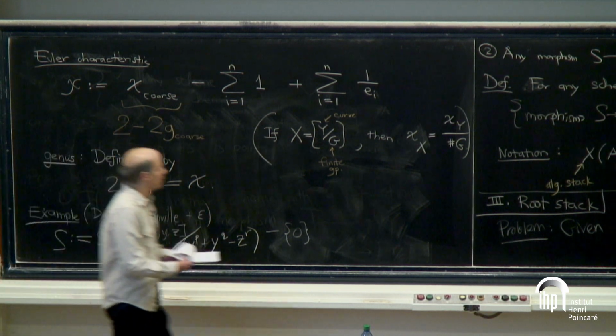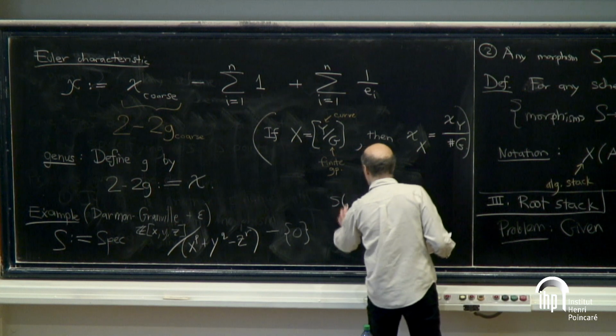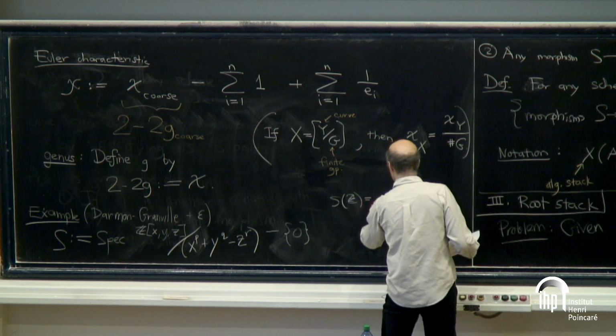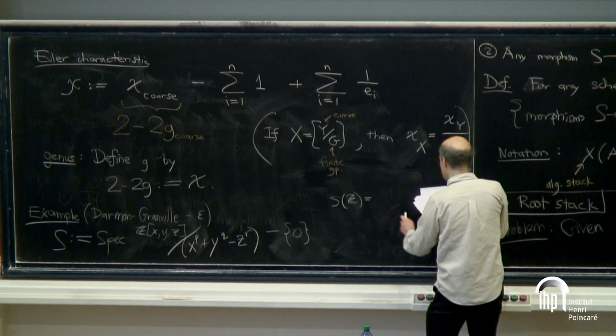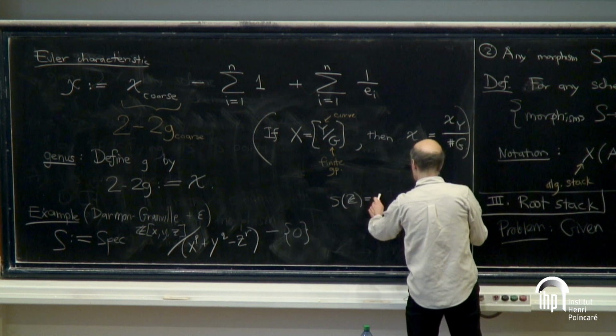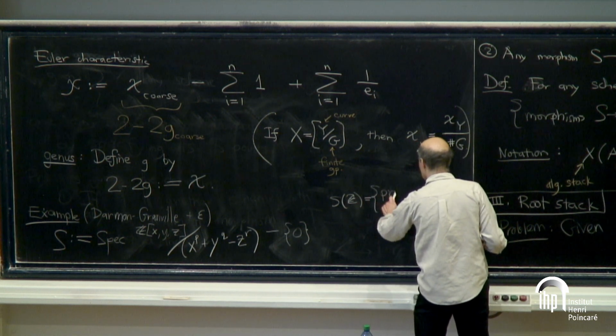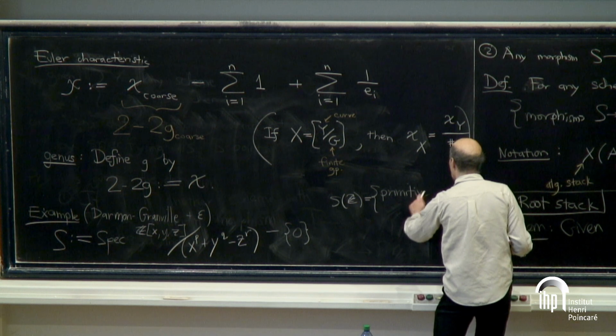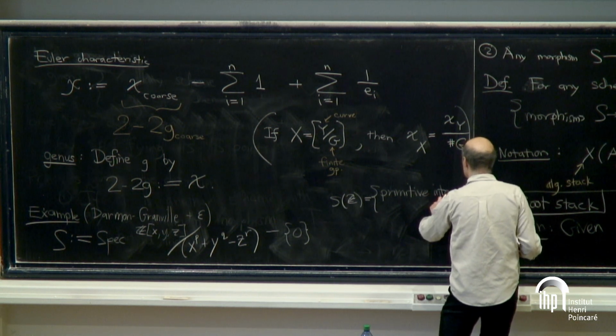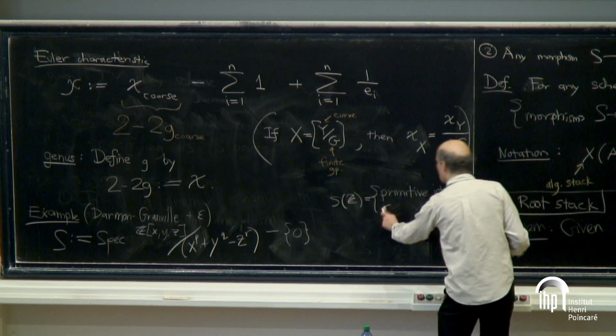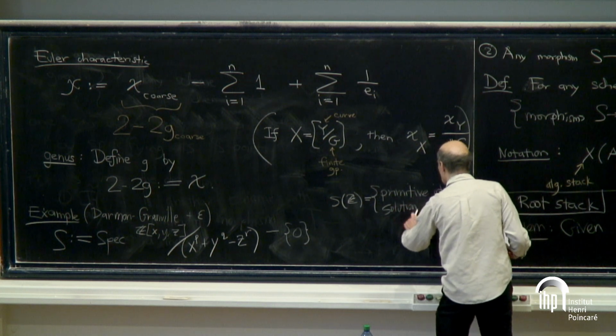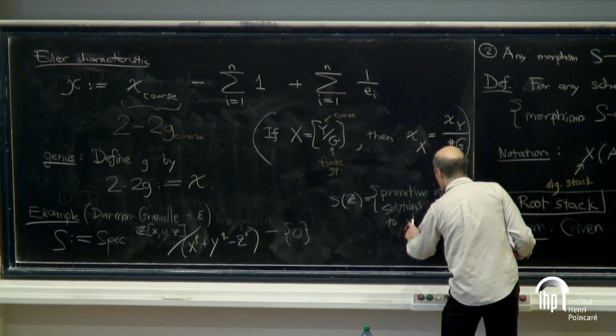And so, yeah, so maybe I'll just write that. So S of Z, for this quasi-affine variety, this open subscheme of an affine variety, is equal to the primitive integer solutions to this Fermat equation.